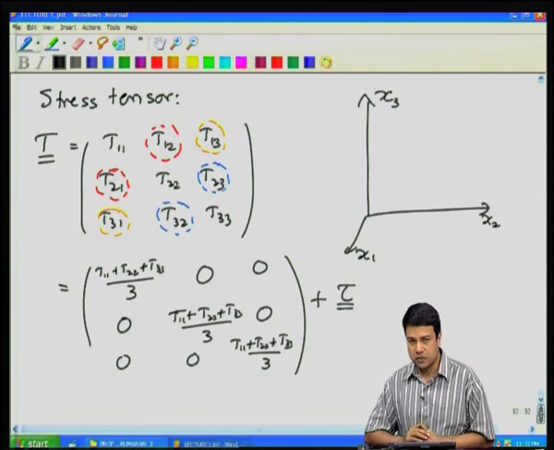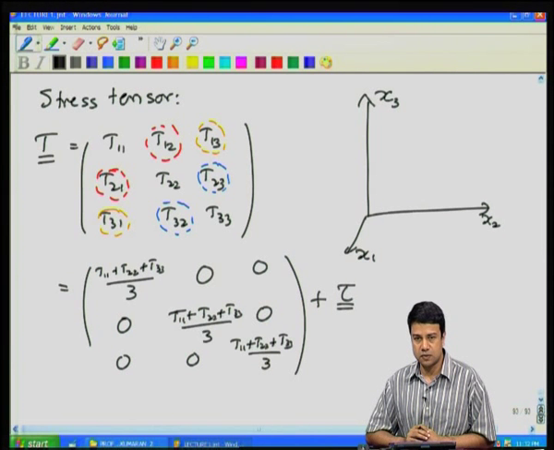I will call it tau, which will be the shear stress. Okay. So, two parts, one is the isotropic part and the other is the symmetric traceless part, tau. Okay. Physically, what do these mean?